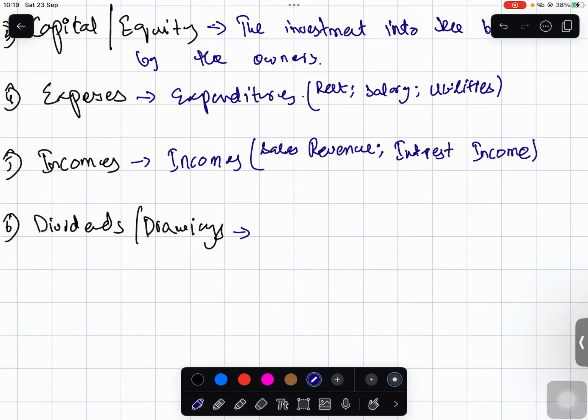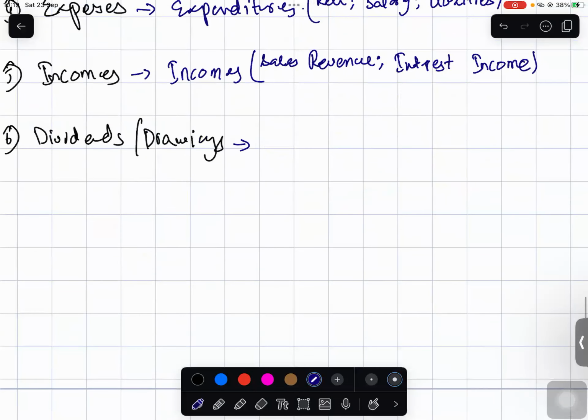Okay, good. Dividends and drawings, I've written them together because their treatment is the same in accounting. Do you know what a sole trader is or a partnership, or do you have an idea about types of businesses? Good.